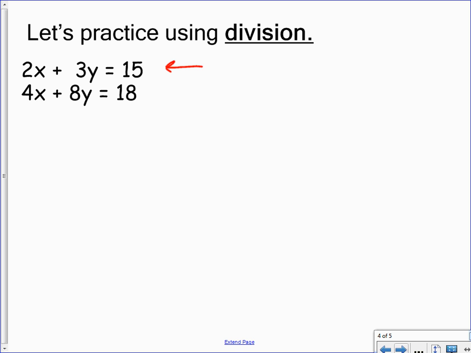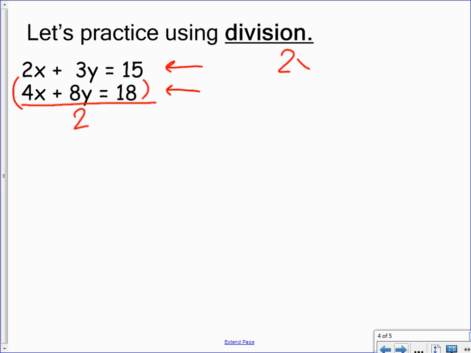And that would give me 4x. Or I could take my second equation and divide it by 2, and that would give me 2x. Either way, you're going to end up with the same result. I'm going to try a division one for you, okay?